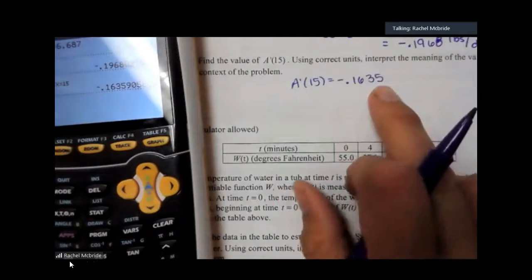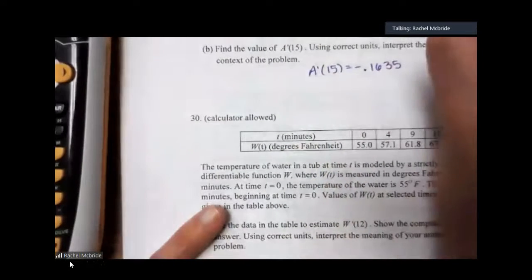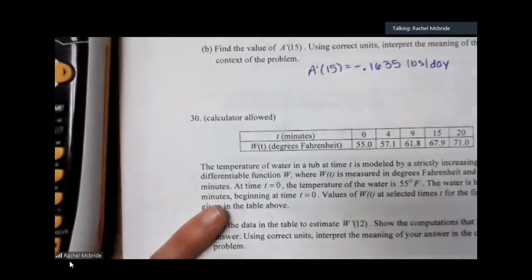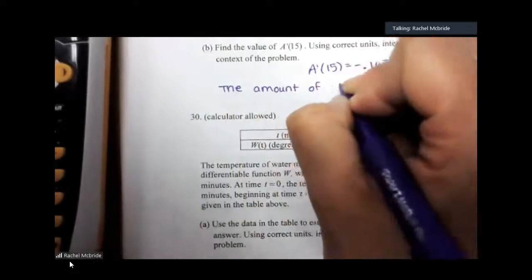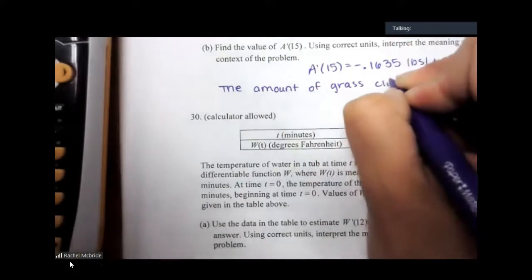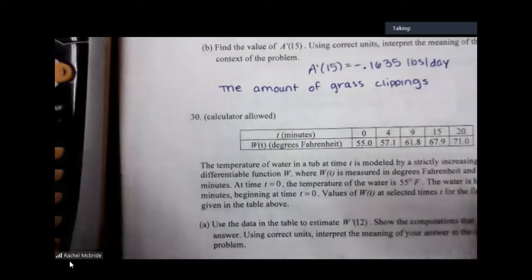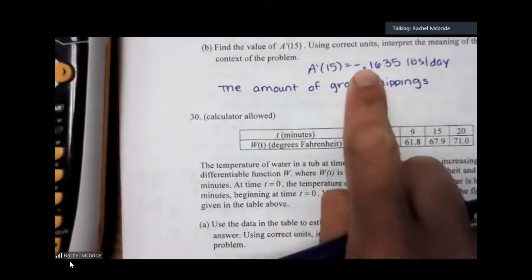And again, it asks for you to interpret the meaning and correct units. So units here are going to be the same as units there. It's pounds per day. But now to interpret this, we are saying A represents amount. The amount of grass clippings, what are they doing? Are they increasing or decreasing?